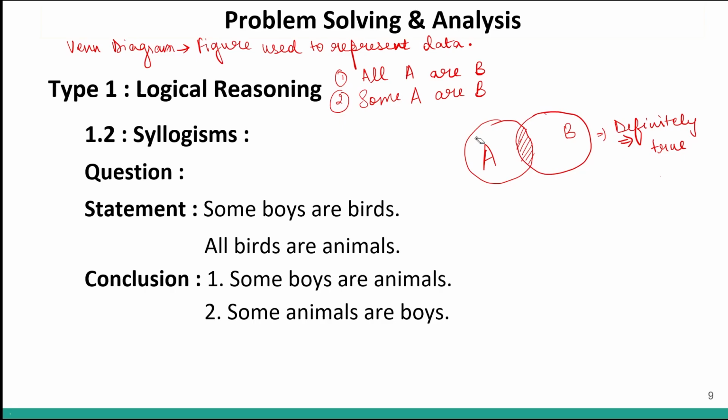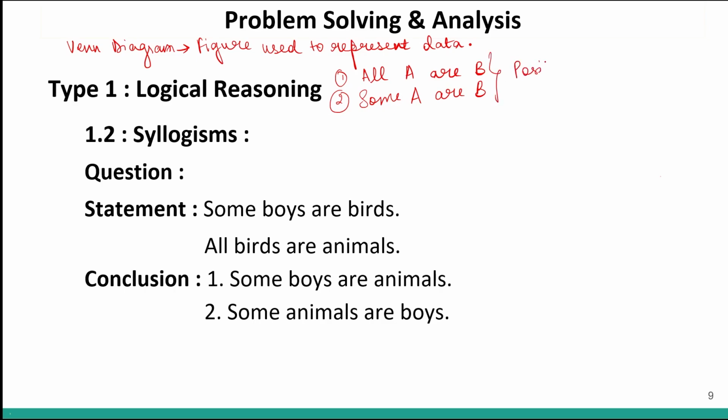Clear? Now, these are called all A are B and some A are B. These are called positive statements. Then there are two statements which are called negative statements. Now, what do you mean by a negative statement?